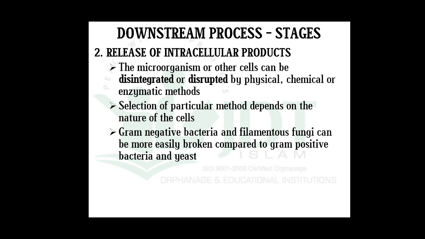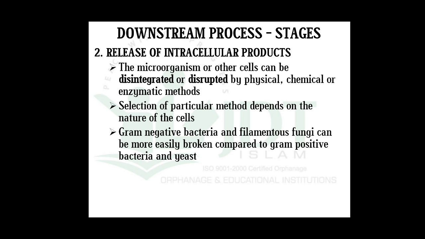Now the second step is the release of intracellular products. The microorganism or other cells can be disintegrated or disrupted by different methods, using chemical, physical or enzymatic methods. The selection of a particular method mainly depends on the nature of the cell.